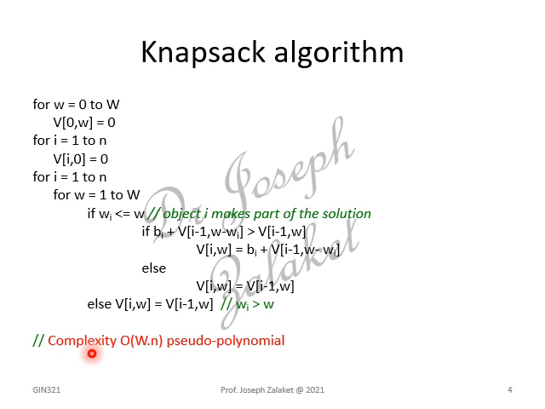Why pseudo-polynomial complexity? For example, if W is equal to n, it will be n power of 2. If it's equal to n power of 2, it will be n power of 3. If it's less than n, it will be less than n power of 2, and so on.